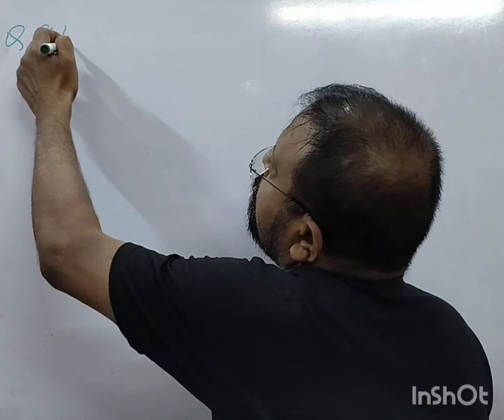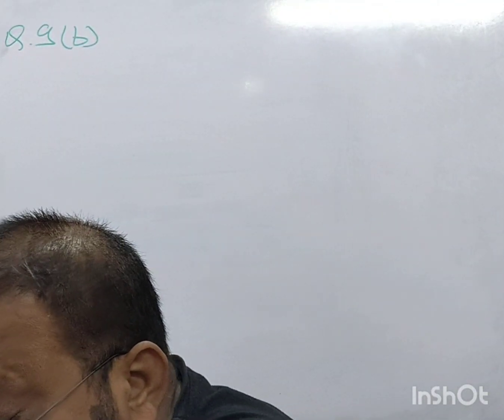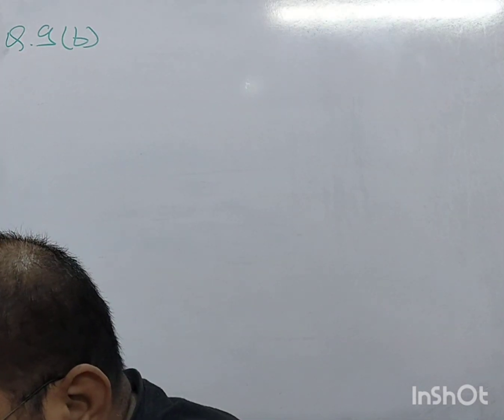Question number 9, B part. It is saying a man covers a distance of 100 kilometer.